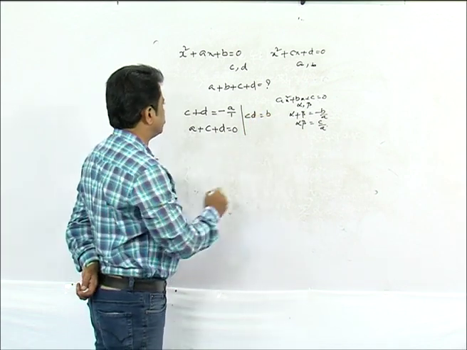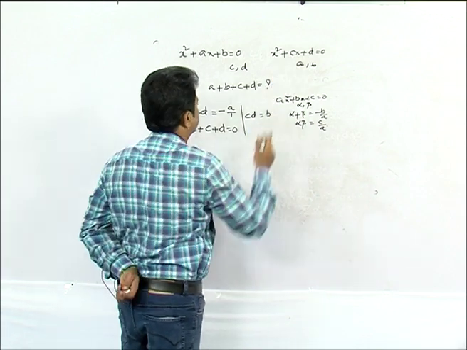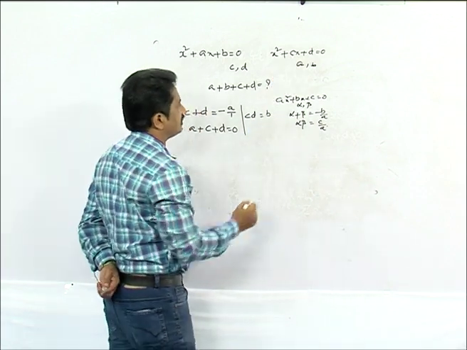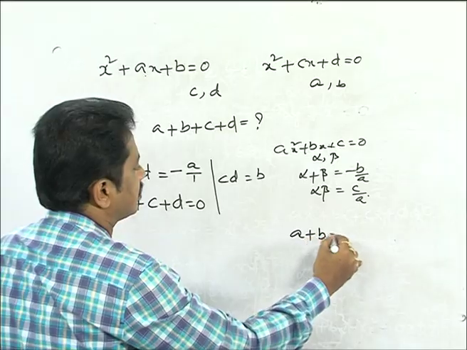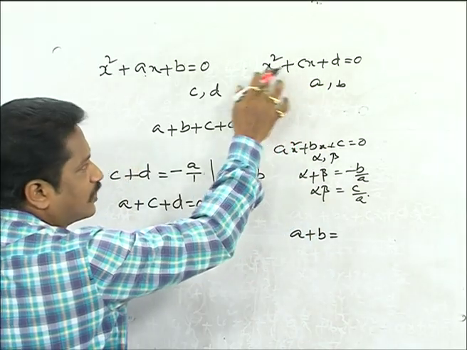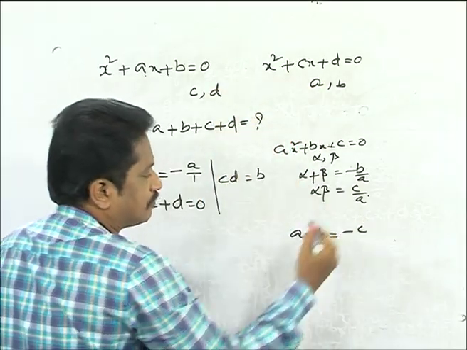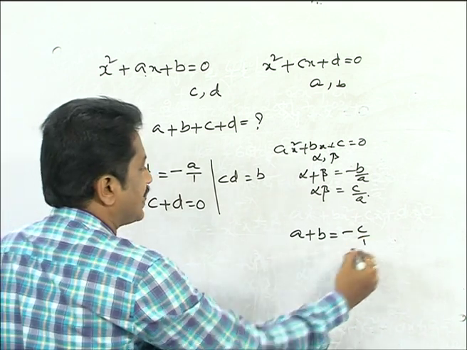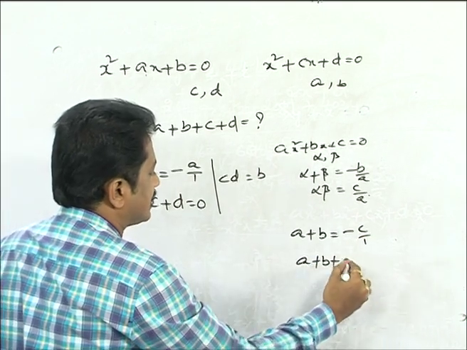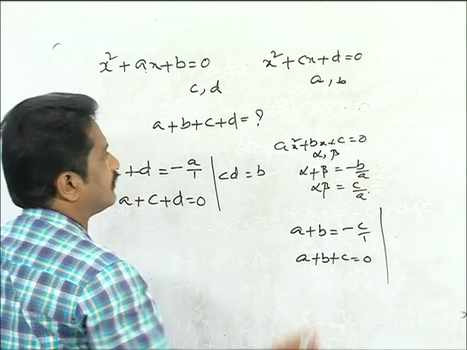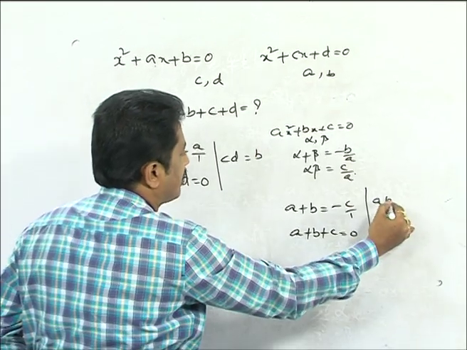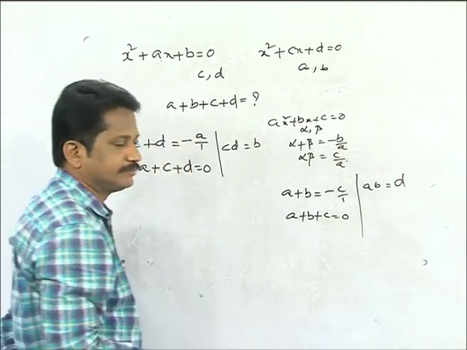Okay. Now, coming to the next, I am taking x square plus cx plus d equal to 0. What is a plus b? A plus b is minus x coefficient by x square coefficient, minus c by 1, or you can write as a plus b plus c equal to 0. And what is the product of the roots? A b is equal to d, correct?